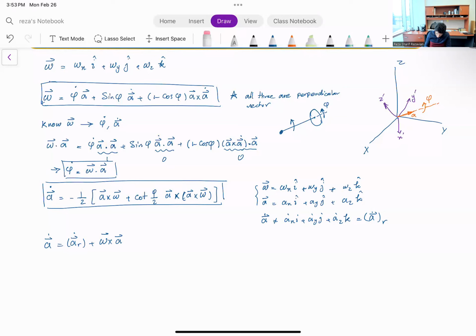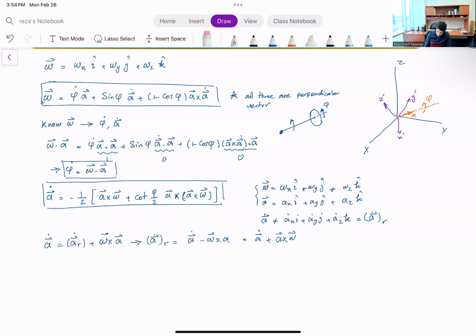So what I can do: A dot relative is A dot minus omega cross A, or this one I can write as A dot plus A cross omega. If I flip the order, the sign also flips. And I know A dot from the top equation. Actually, there is some A cross omega in the first term.